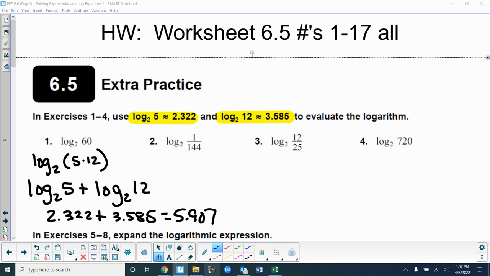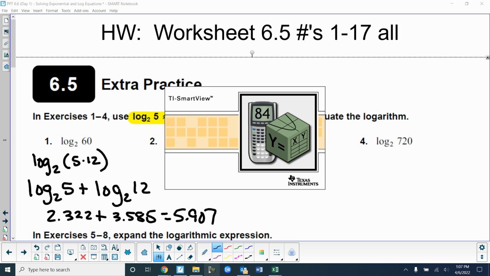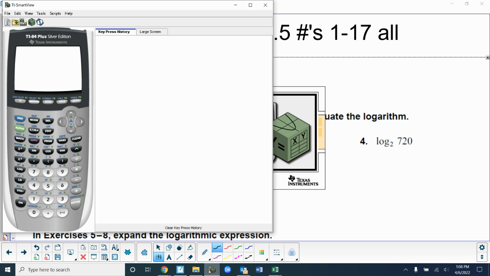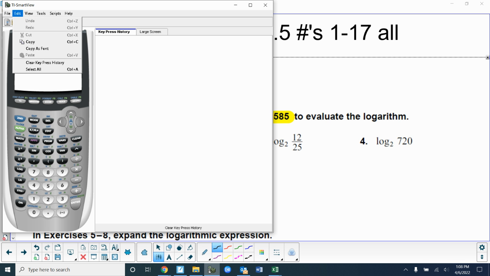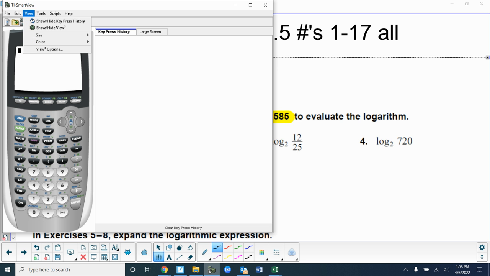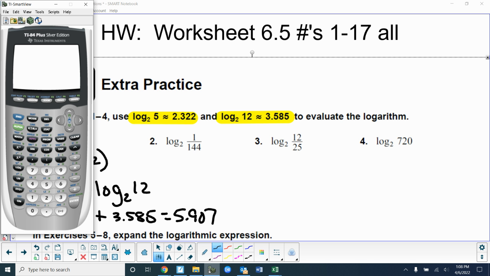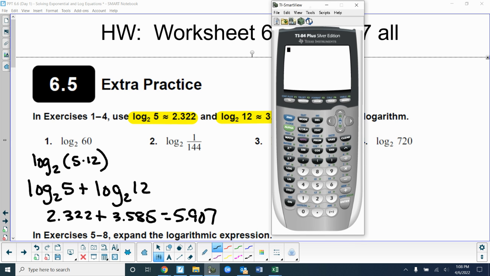Okay, watch what I do with my calculator. What am I supposed to punch in my calculator now that we know the change of base formula rule? What's the change of base rule? What am I supposed to type in my calculator?